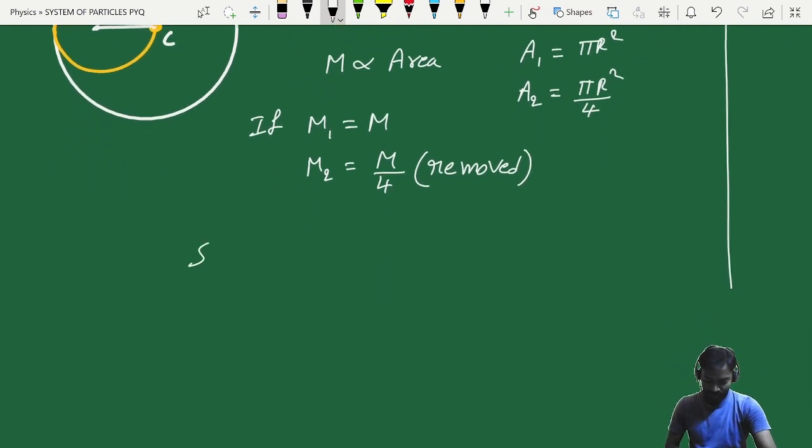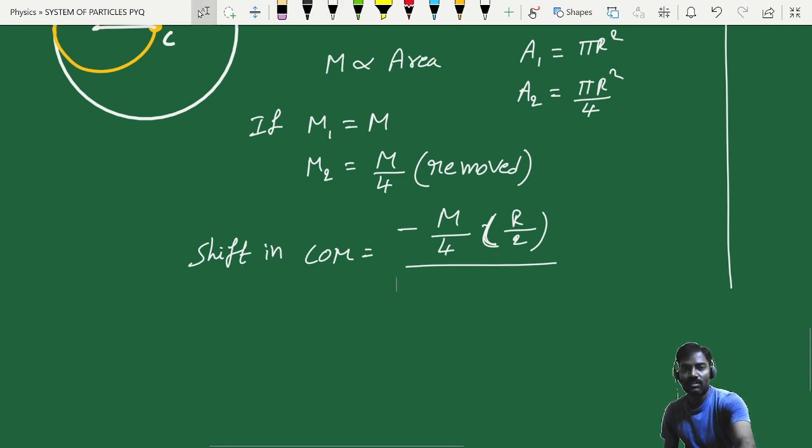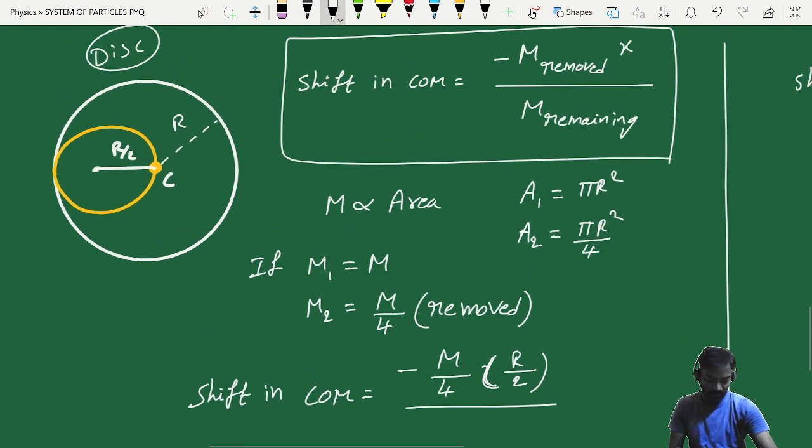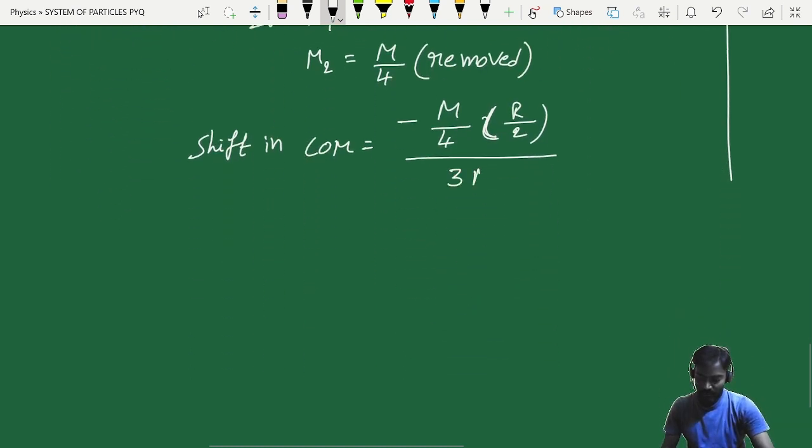Now the shift in center of mass is equal to minus, what is the removed mass? M by 4 into what is the distance between the center of mass of the original disk and the center of mass of the removed disk, that is r by 2, divided by the remaining mass, 3m by 4.